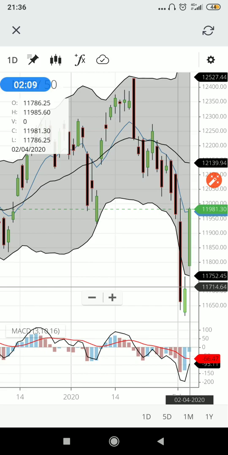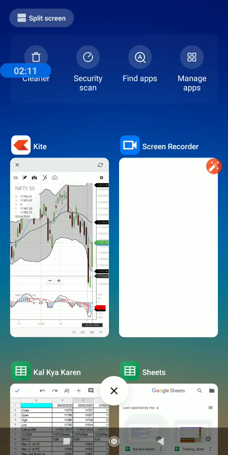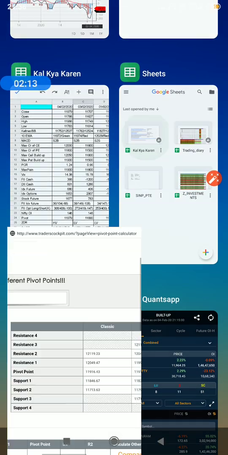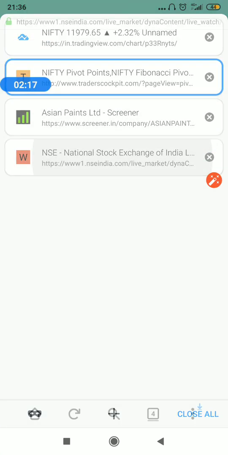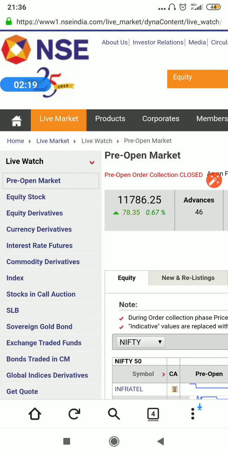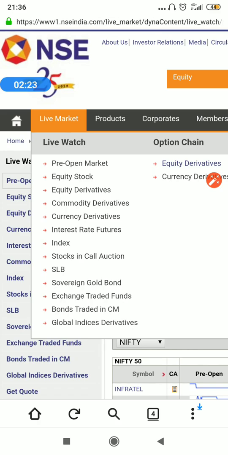Now let's have a look at the FNO data. For FNO data, what we'll do, we'll go to the NSE option chain and we'll look at where the maximum call put build up is there. So go to live market, equity derivatives.